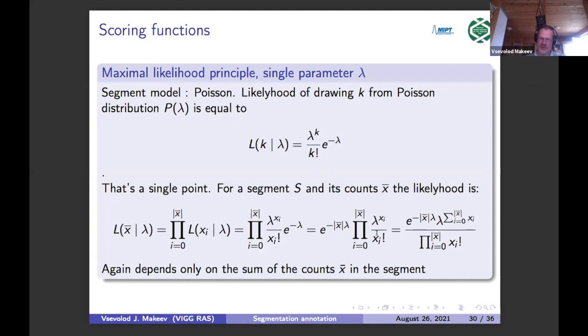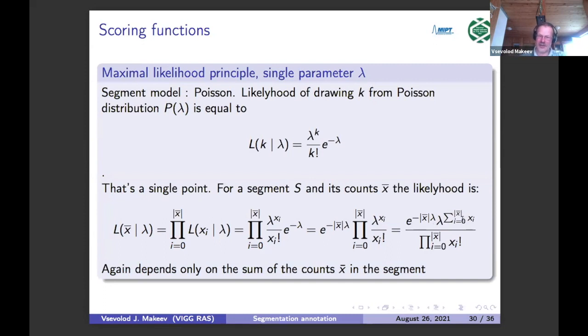Also, this thing in the denominator doesn't depend on the Poisson parameter, it depends on the counts only. And the counts, as we know, are not the subject of the maximal likelihood, because we know them as given. And also you can take it out of the product in this case. So it's only a kind of normalization factor, so it doesn't depend on the lambda, which is the argument of the likelihood function.